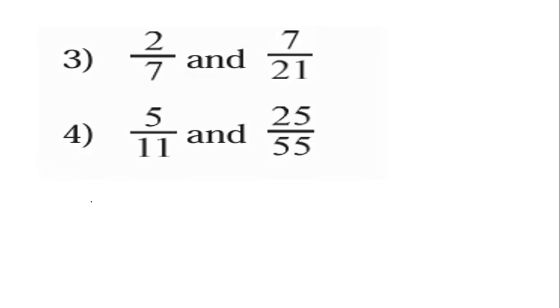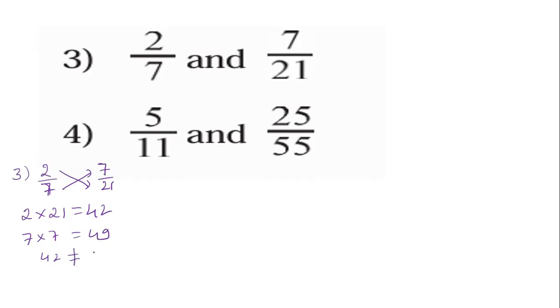Next, the third one, 2 by 7 and 7 by 21. Cross multiply. 2 into 21 is equal to 42. 7 into 7 is equal to 49. 42 is not equal to 49.